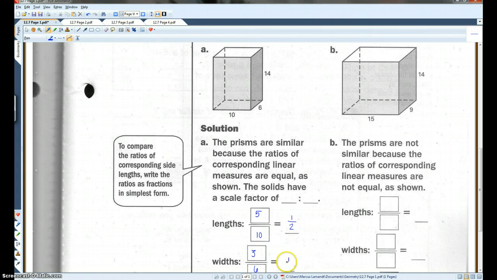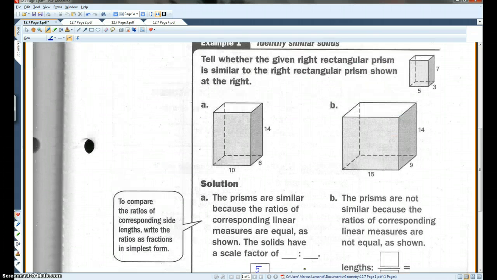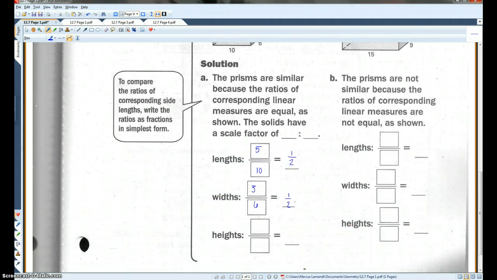Three to 6 simplifies also to 1 over 2. And the heights, 7 to 14. And this simplifies to 1 over 2. So because they're all equal, they have a scale factor of 1 to 2.